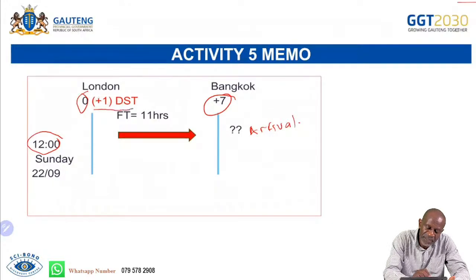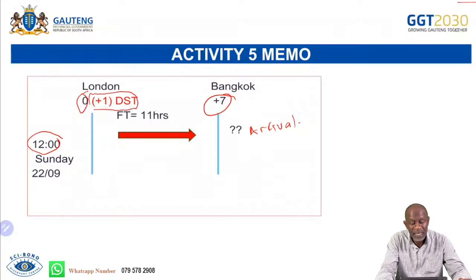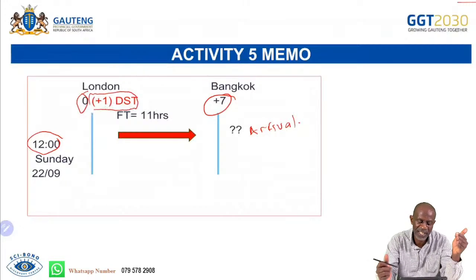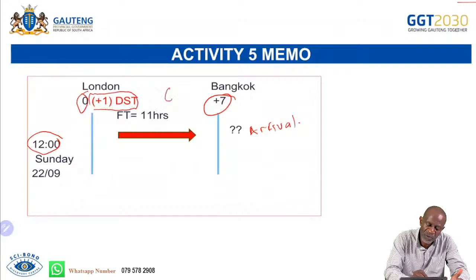So meaning that London will move from 0 to +1 because London is applying DST. So from +1 to +7, you'd count +2, +3, +4, +5, +6, +7, and the time difference would be 6 hours.